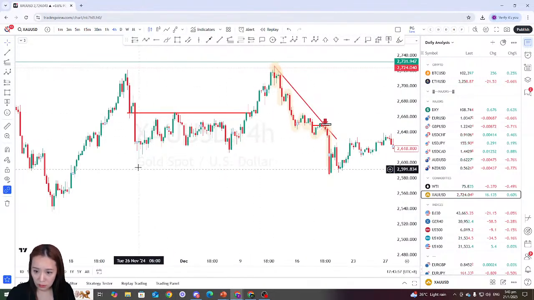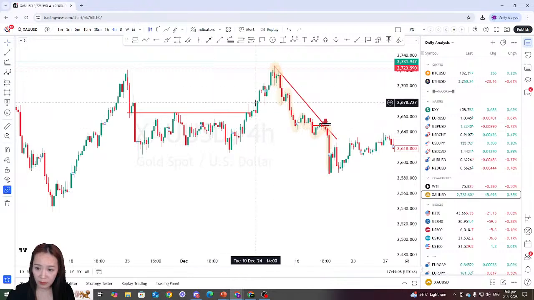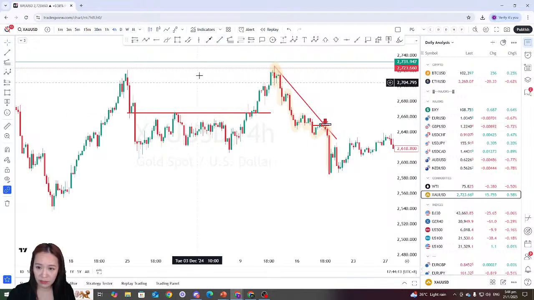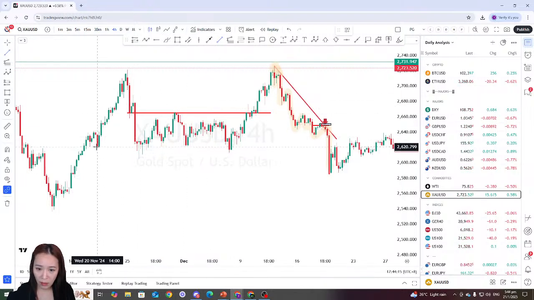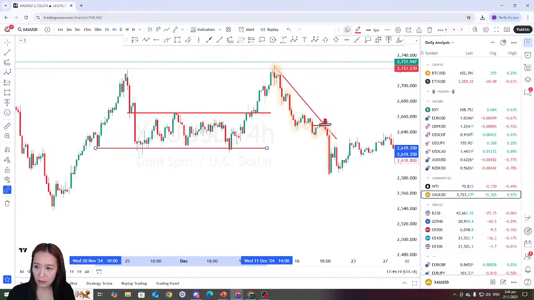Gold consolidated from November 26 until December 9 before it broke above this trend line here. Okay, so you see this is the resistance and this is our support, the wick here, right?